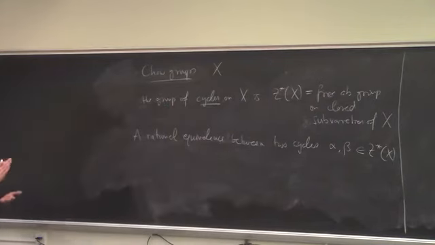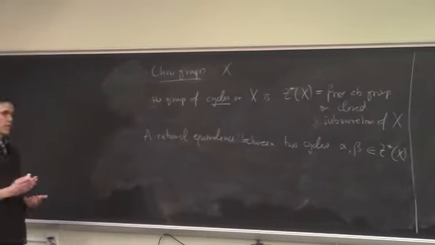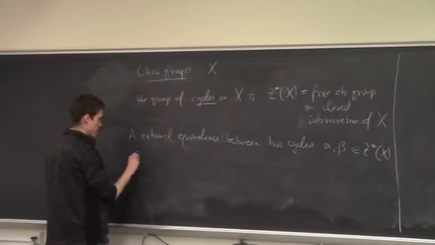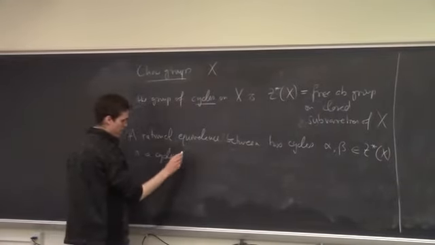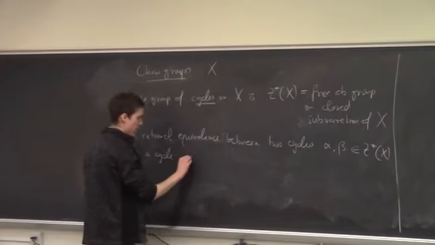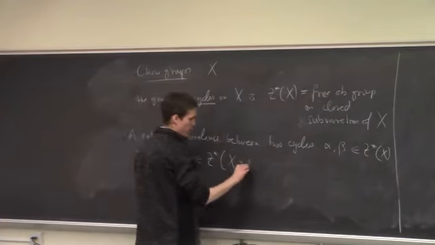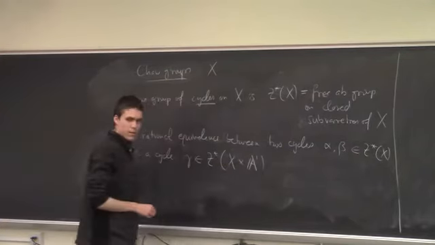It's just a one-parameter family, so it's parametrized by the affine line. So more precisely, rational equivalence is a cycle gamma on X product with the affine line.